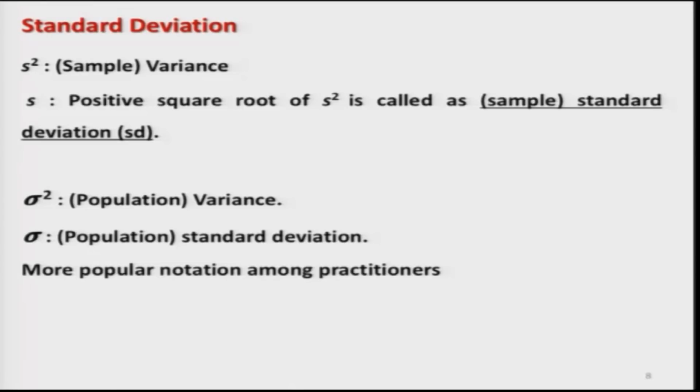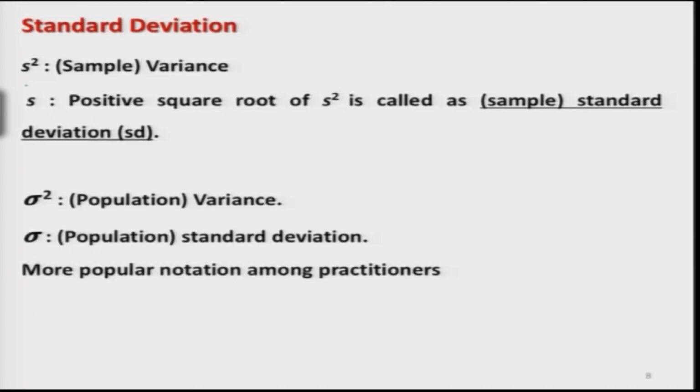Now after the variance, I come to another concept that is called standard deviation. You have possibly used two types of terminologies. One is standard deviation and the second is standard error. Possibly in general people do not differentiate between these two names, but here I will try to explain the difference between the two. But to start with, I will use the common terminology, standard deviation.